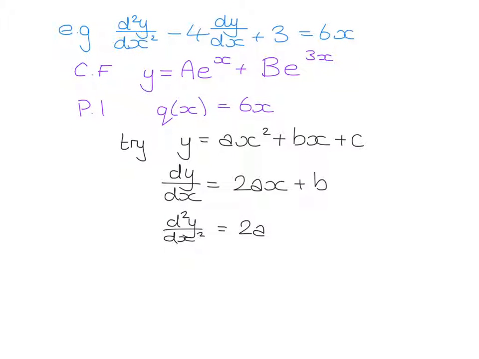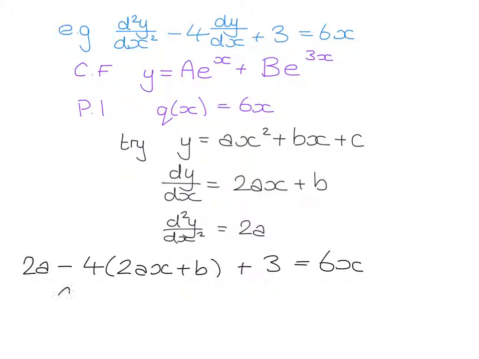So subbing these back into the original ODE, which was d2y by dx squared minus 4 times dy by dx plus 3y equals 6x, we get that 2a minus 4 times 2ax plus b plus 3 times ax squared plus bx plus c equals 6x.